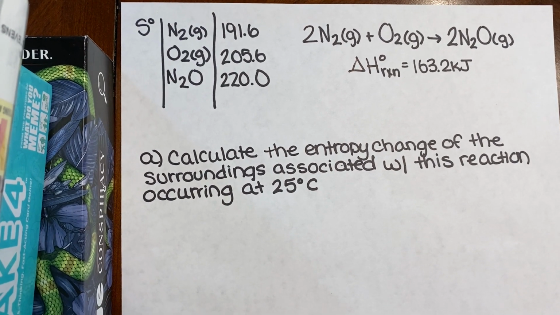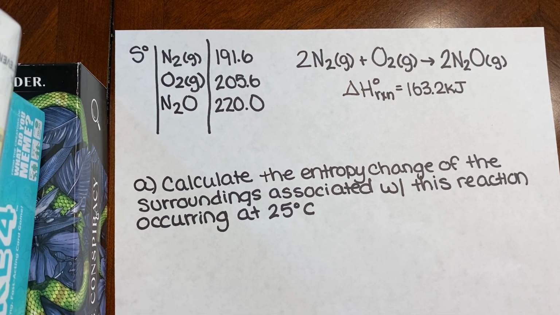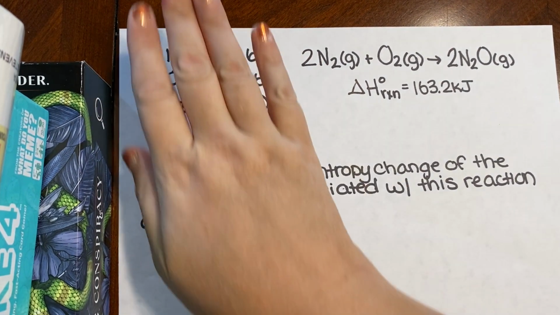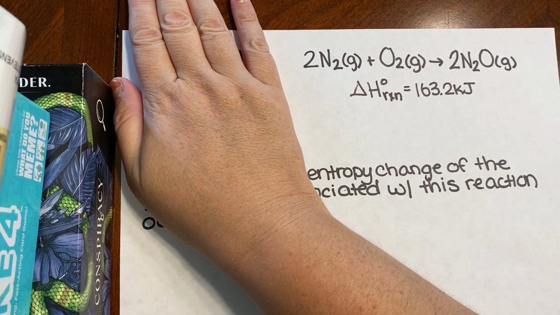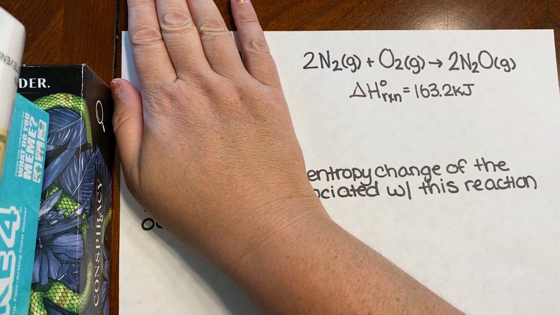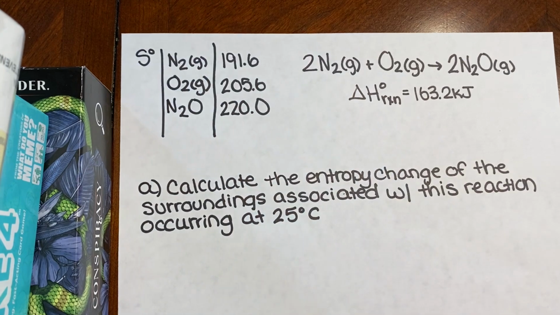A moment ago, we calculated the entropy of the reaction, not the surroundings. You are not going to use this information. This information is just extra information that is given to confuse us in the problem.